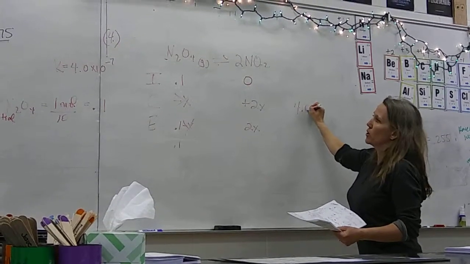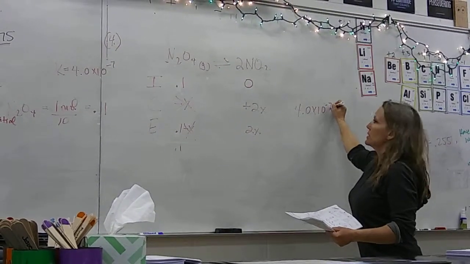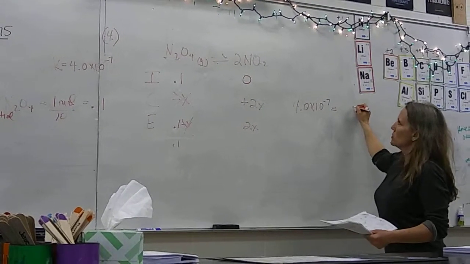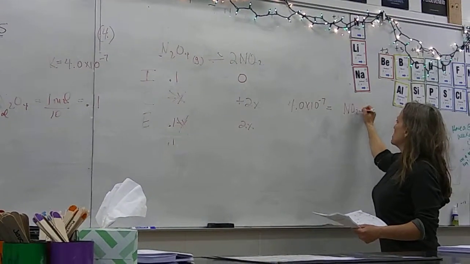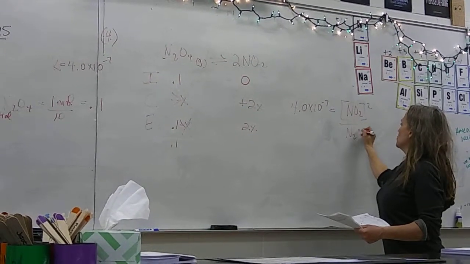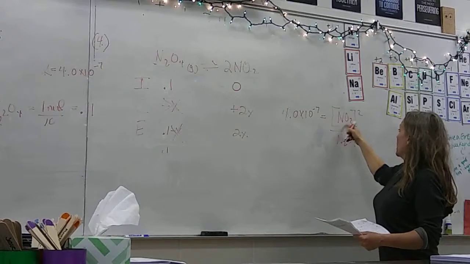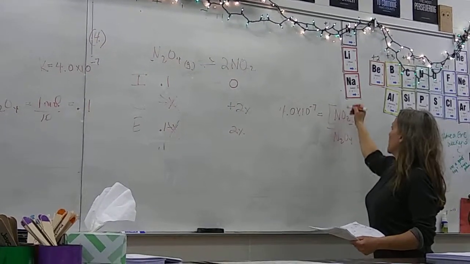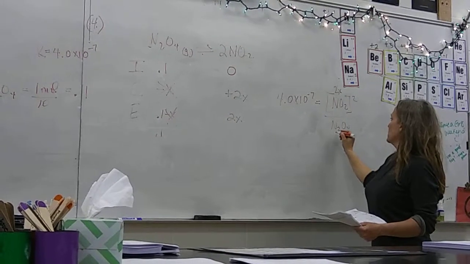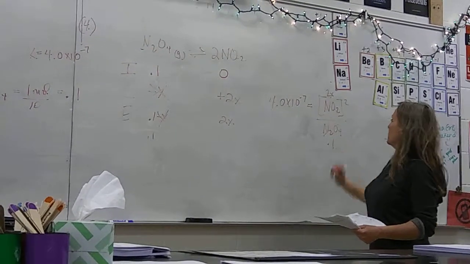Now I got 4.0 times 10 to the minus 7 is equal to my products, right, which is NO2, and I'm writing it out, squared, divided by N2O4. And I can plug in NO2, and I can actually say this is 2x, right? And this side, right, is actually 0.1.